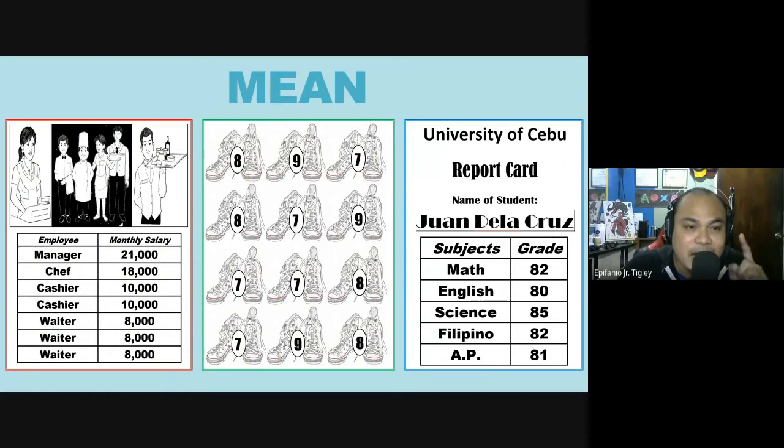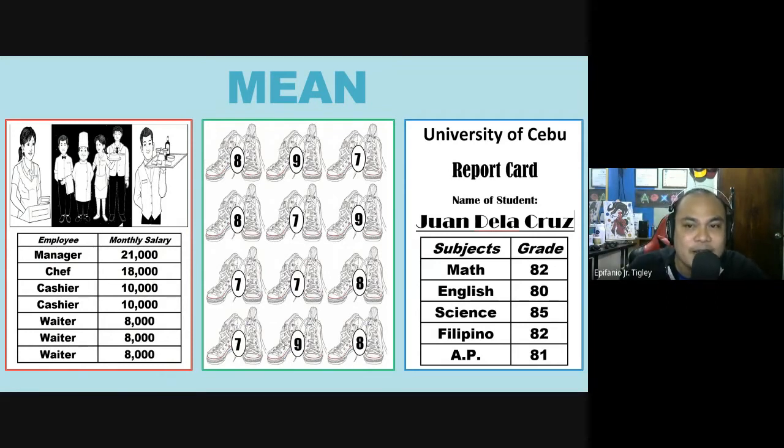Take note, I am using the word average, because mean, median, and mode are averages. When I say average salary, average shoe size, or average grade, it doesn't necessarily mean the mean. The answer to average can be the mean, the median, or the mode.